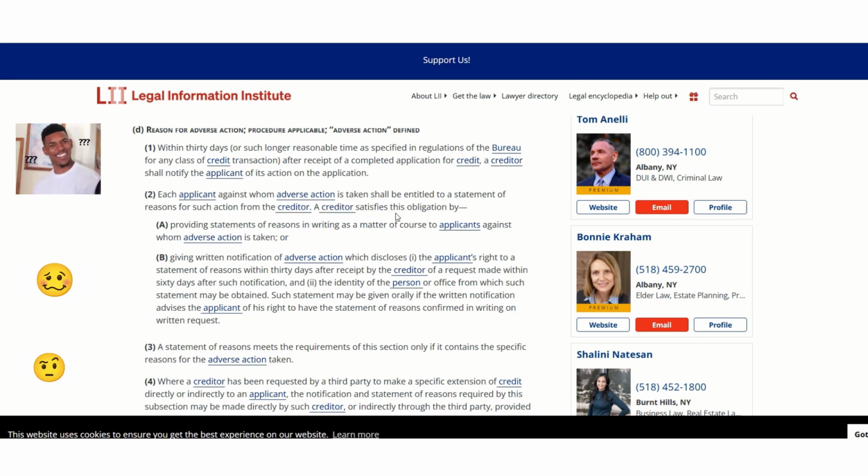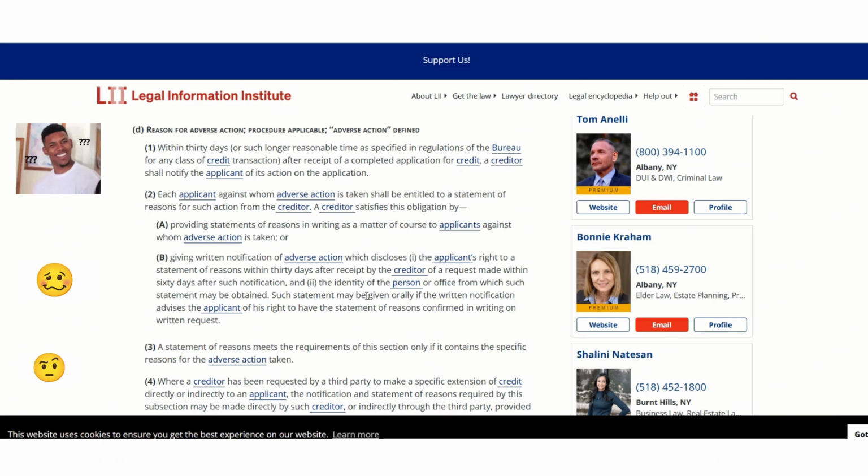A creditor satisfies this obligation by providing statements of reasons in writing as a matter of course to applicants against whom adverse action is taken, or giving written notification of adverse action which discloses the applicant's right to a statement of reasons within 30 days after receipt by the creditor of a request made within 60 days after such notification, and the identity of the person or office from which such statement may be obtained.